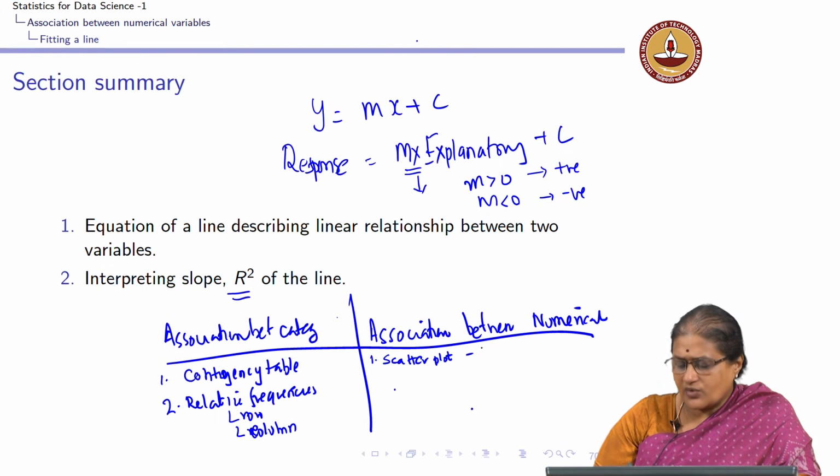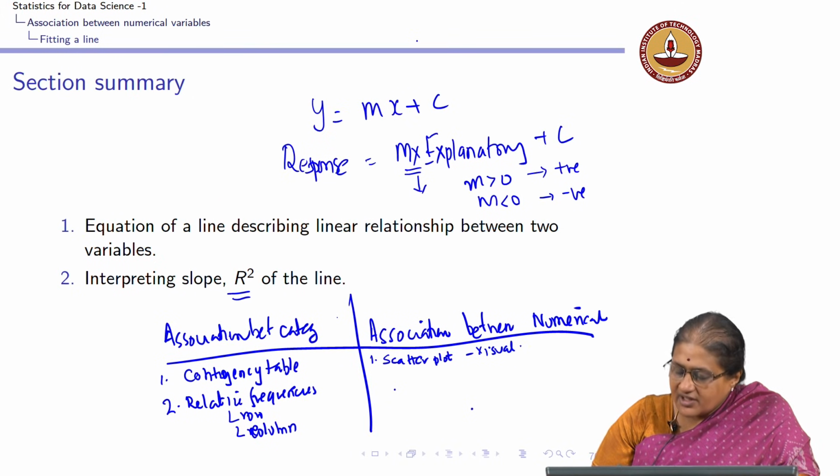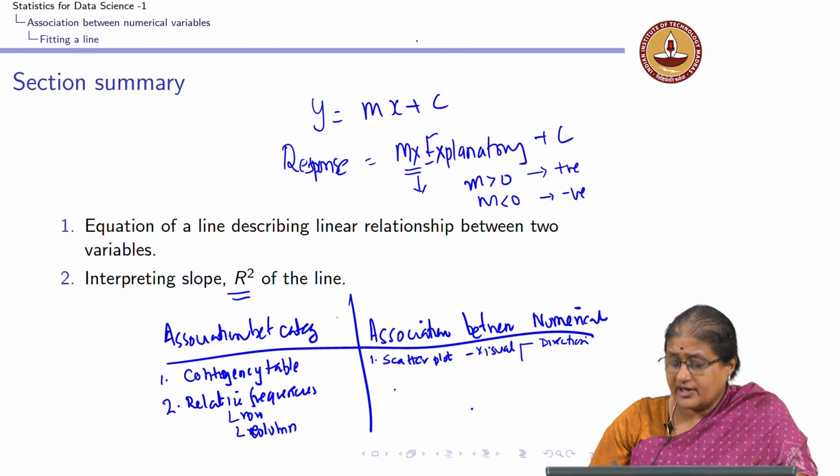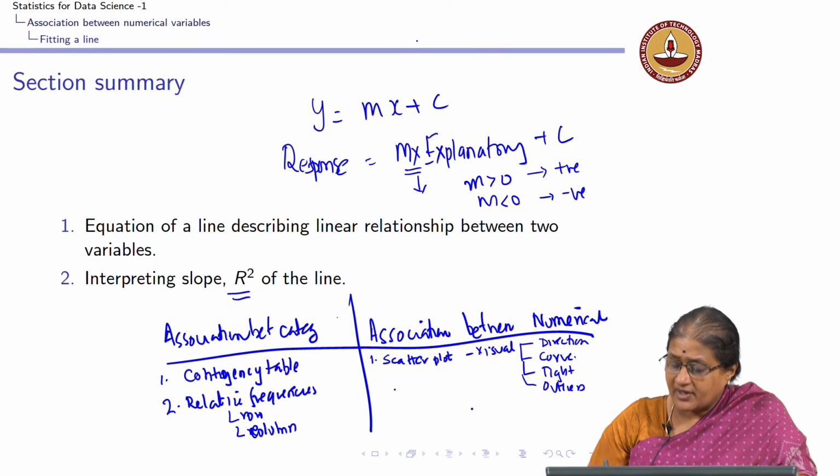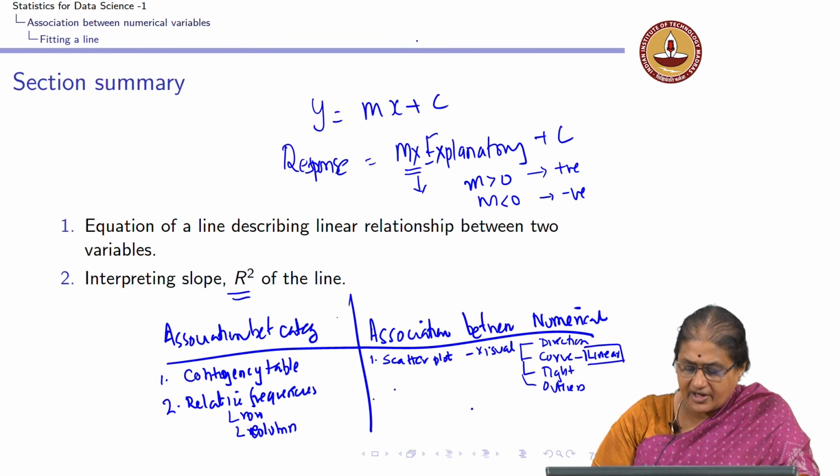From here we wanted to just have a visual inspection. Within the visual inspection we identified the direction, whether it is a positive trend or a negative trend, whether it is a curve or a line, whether they are tight or clustered, or the presence of outliers. These were the 4 things which we looked at. Finally we said that okay, I am going to focus on a linear association between variables.